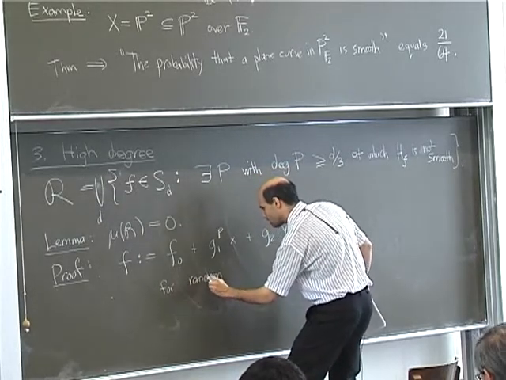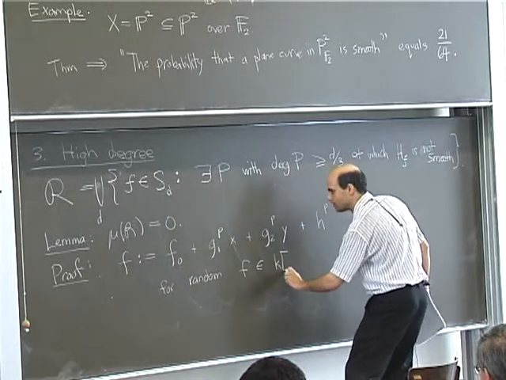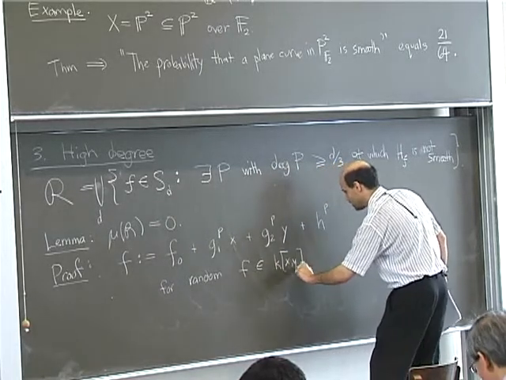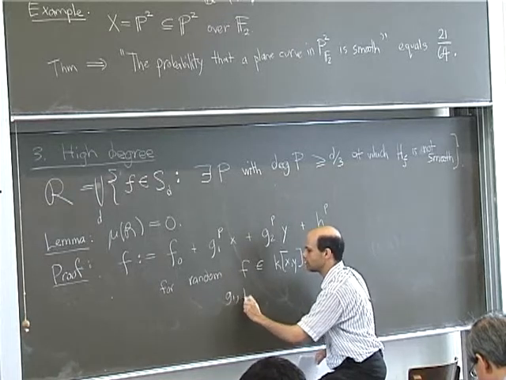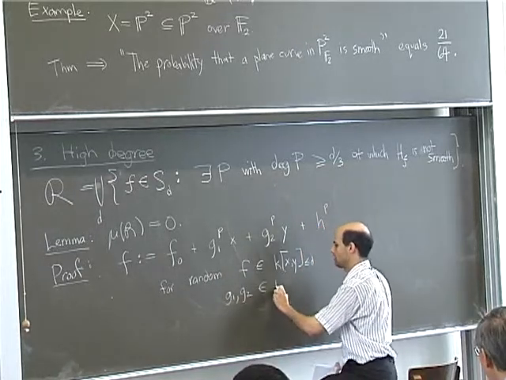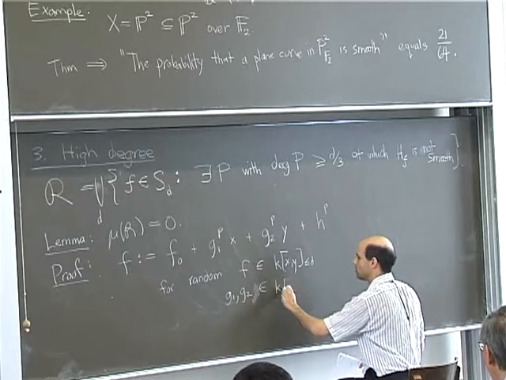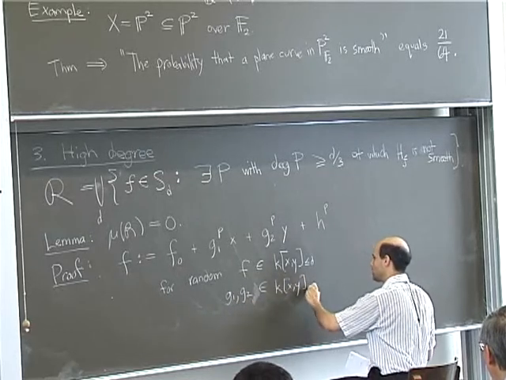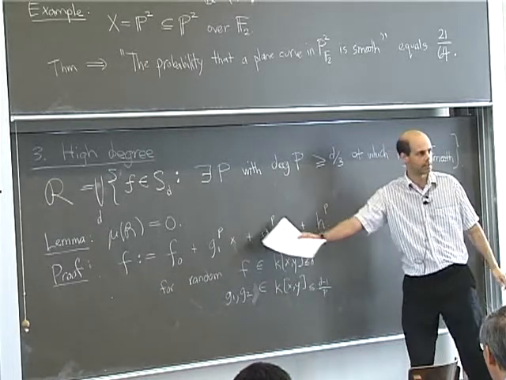For random, F is going to be a polynomial of total degree D. G1 and G2 will be polynomials of total degree at most D minus 1 over P, so that the total thing has degree D again.